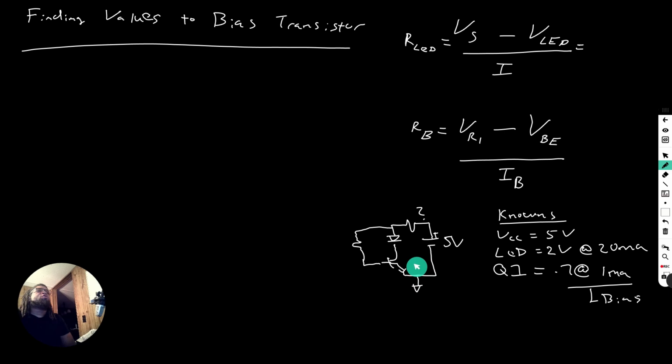Okay, so let's walk through some of the values that we have in these equations. So for our LED, we have Vs, which is the supply voltage, minus the voltage that the LED needs, over the current that the LED needs.